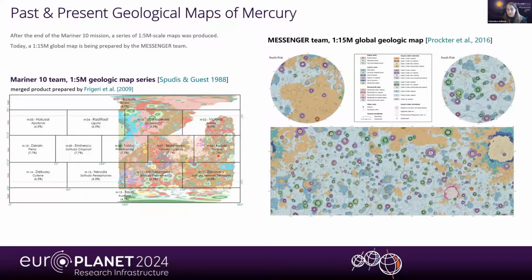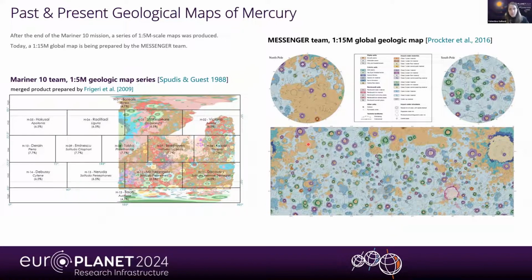With the MESSENGER mission, the entire planet was covered by MDIS datasets, so it was possible to compile a global geological map. This geological map is at 1 to 15 million scale, so a slightly lower resolution than the past Mariner 10 maps.